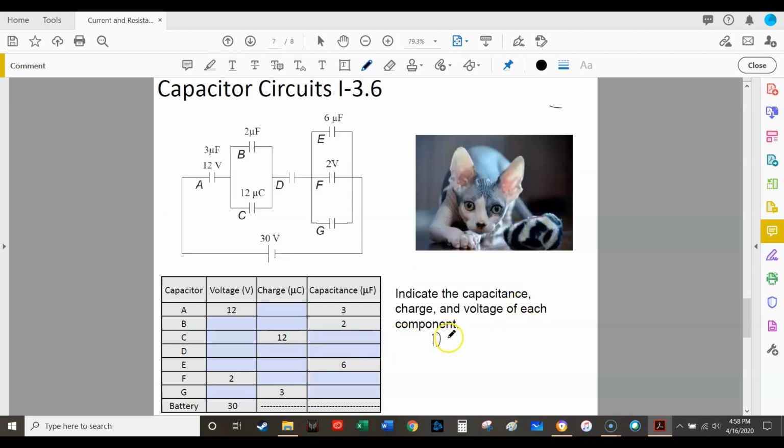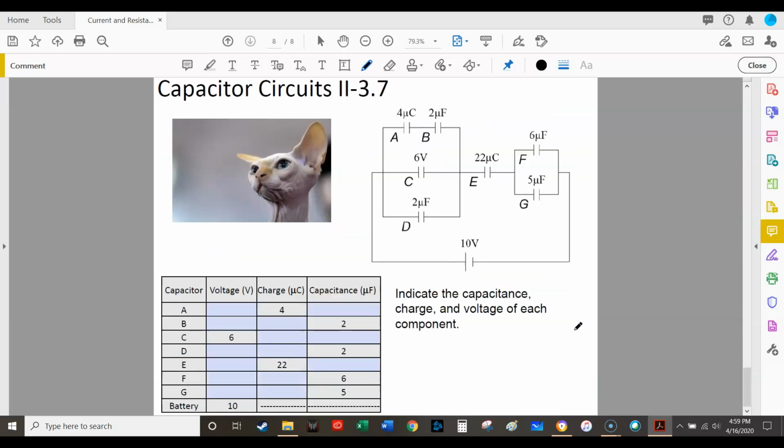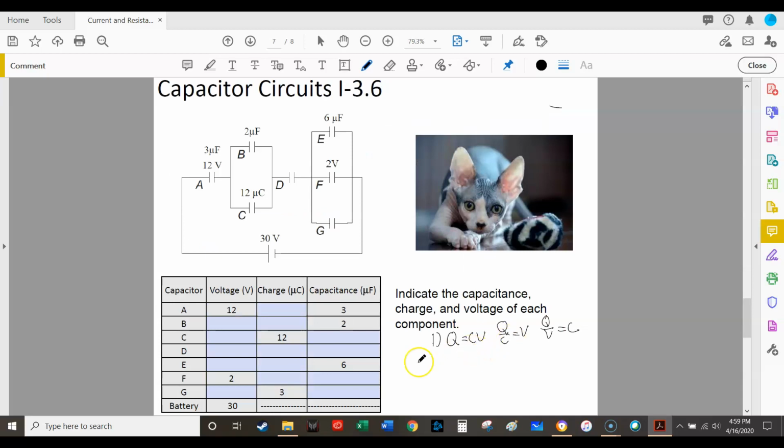Q is equal to CV, and while I'm here, Q over C is equal to V, and Q over V is equal to C. I'm also going to say two things in series: if you know the charge on one, then you know the charge on the other.